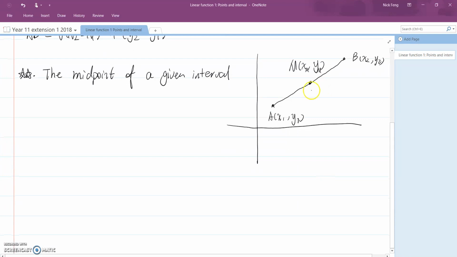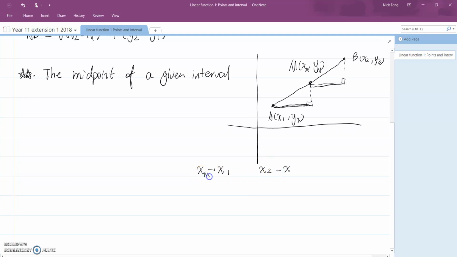To derive the coordinates of this midpoint, we use two right angle triangles. And the distance here equals the distance here because it's a midpoint. These two triangles are congruent. So the first distance here would have a length of x minus x1. And the second distance in here would have a length of x2 minus xm.